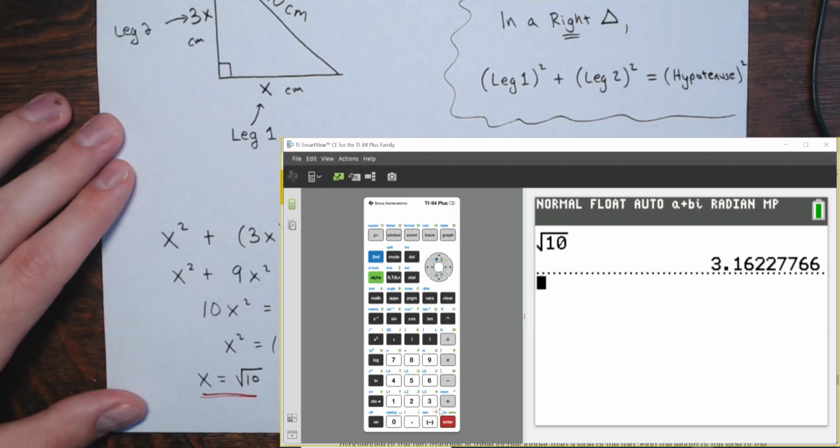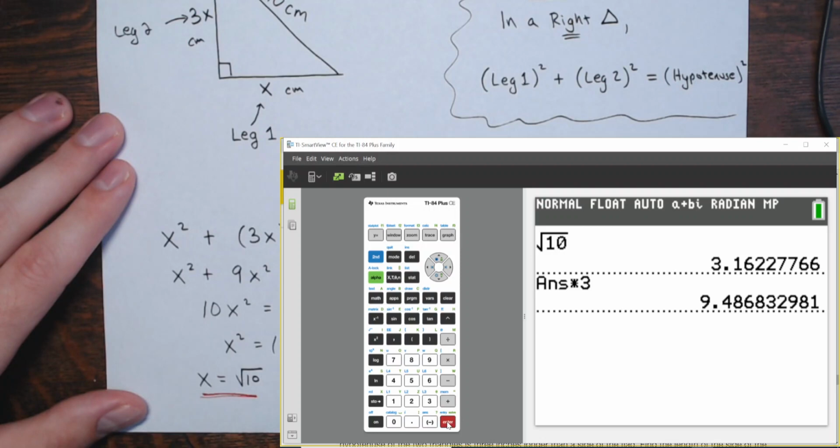And then triple that, times 3 for the other leg, about 9.5. Right, 9.48 rounds to 9.5. So leg 1 is about 3.2 centimeters long, and the other leg, leg 2, is about 9.5 centimeters long.